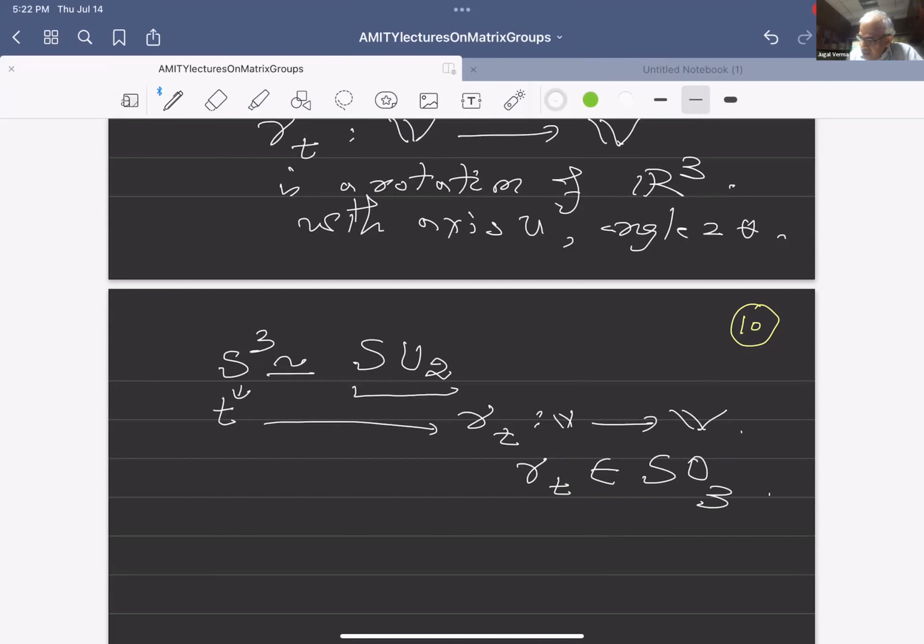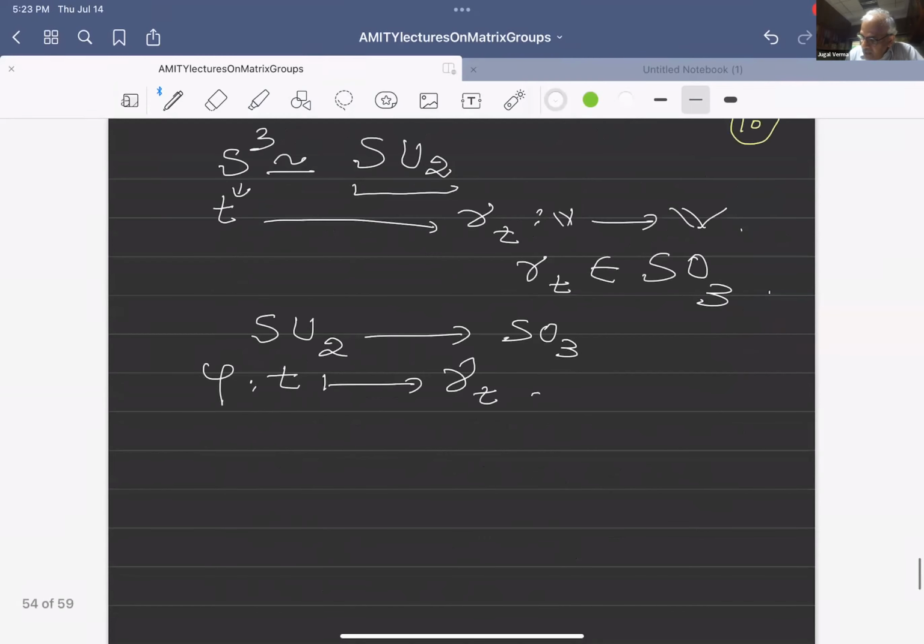So this gives us a map from SU2 to SO3. The map is t mapping to gamma t. This map phi is a group homomorphism. Why?